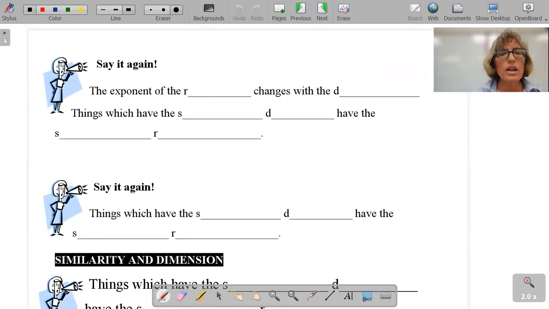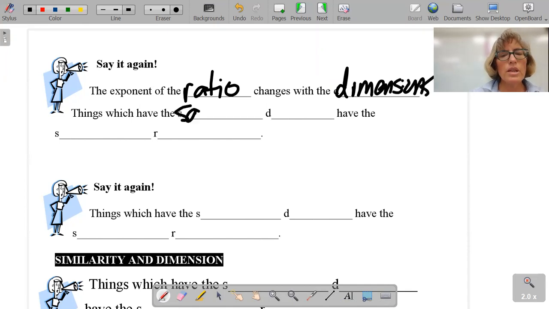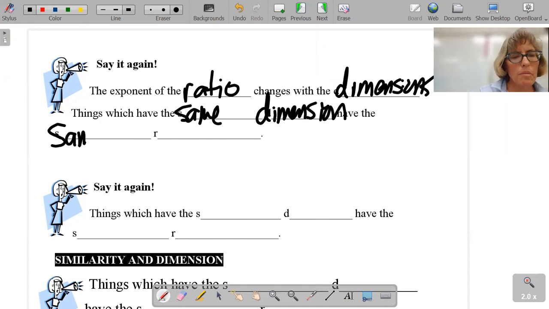The exponent of the ratio changes with the dimensions. Things that have the same dimension have the same ratio.